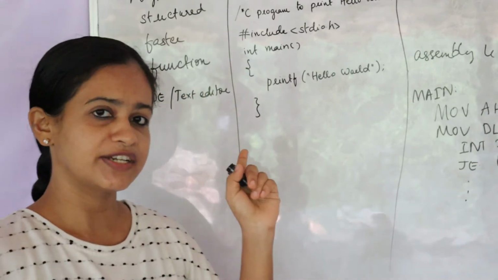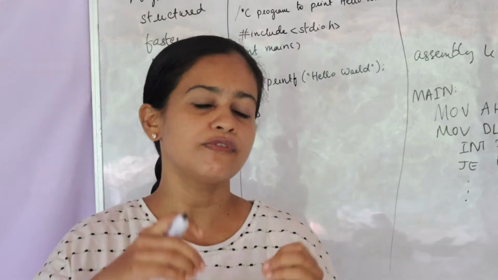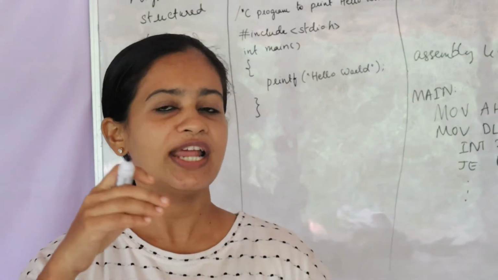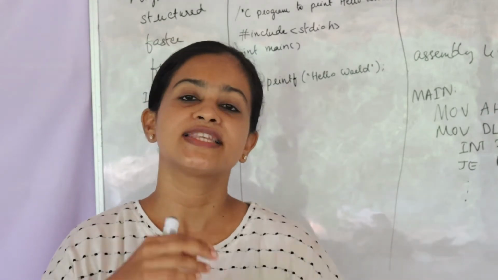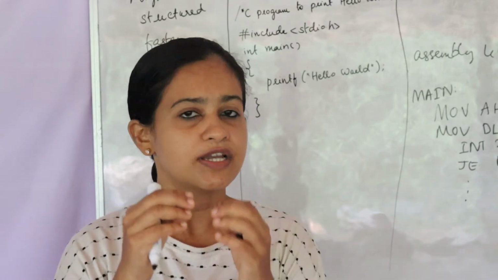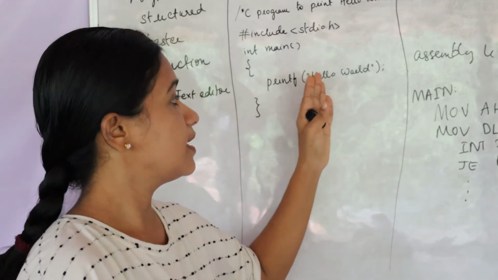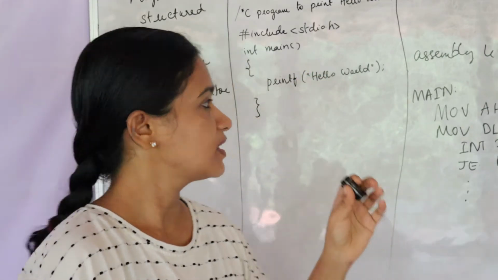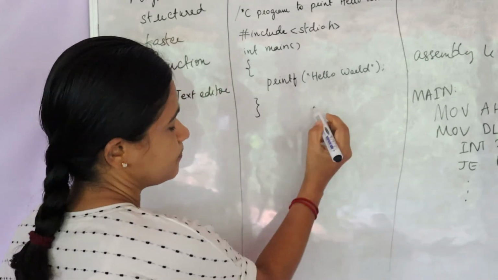IDE stands for Integrated Development Environment. So we will go to an IDE or a text editor. We'll type in our code. Then we will save our code. How do we save our code? There is a convention for that. For example, this program, if I take, I'll give a meaningful name to this. Say hello world.